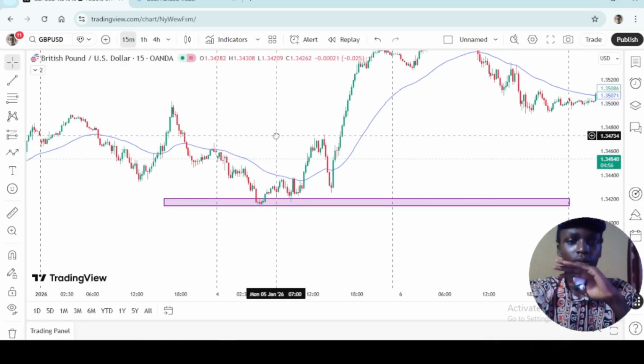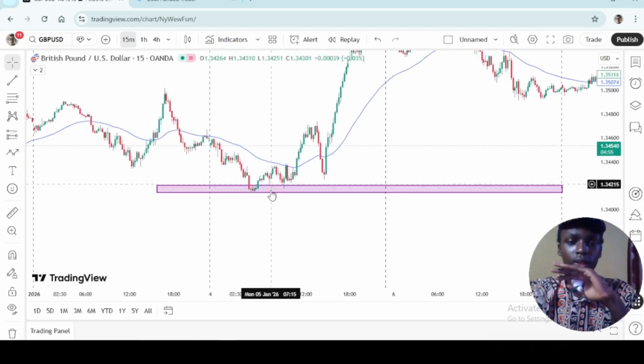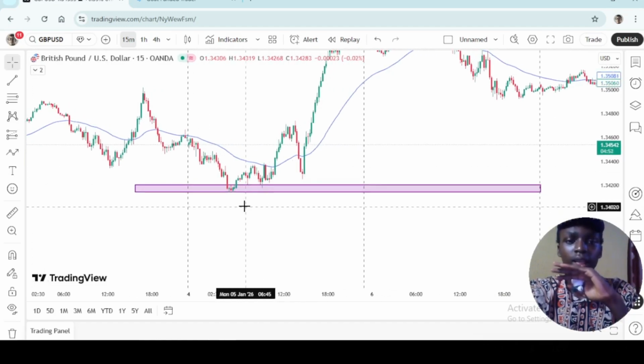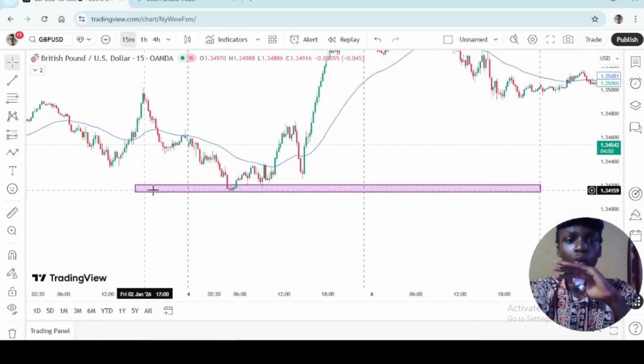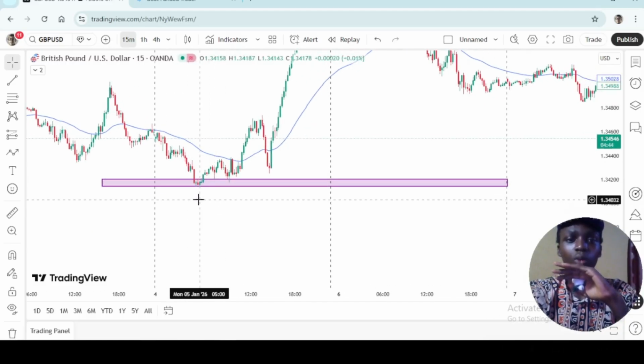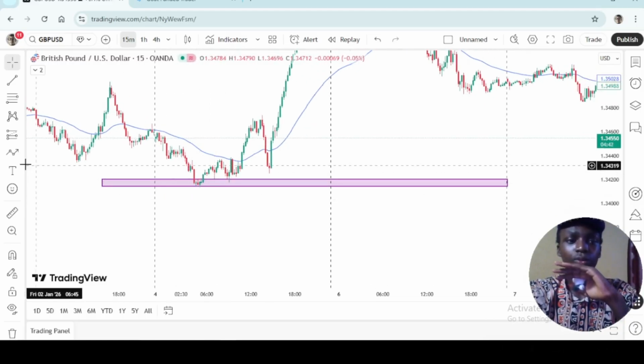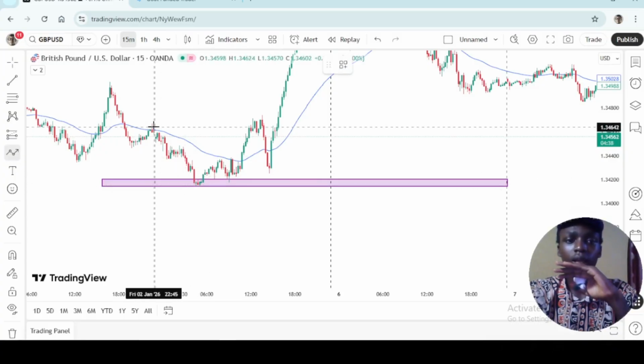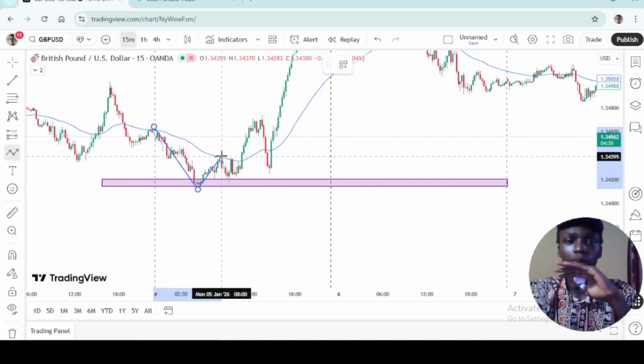So let's get started. You can see right here, I have marked the low of the day, the low that we have currently on Monday. After marking it out, I'm waiting for London to open to get an entry. You can see the market began tanking right here, then moved up.